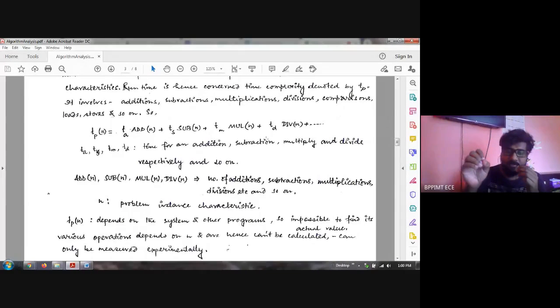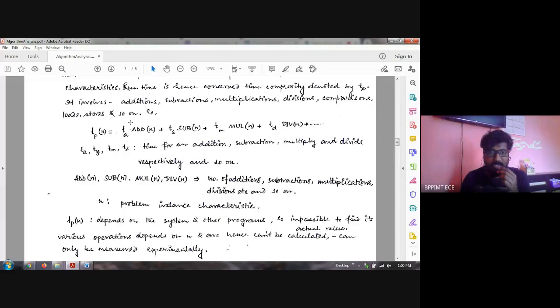If there is any division operation in the algorithm, it will be taken into consideration in the calculation of the total runtime. If there is no division, then Td will be equal to 0. If there is no multiplication, Tm will be equal to 0. Ta, Ts, Tm, Td are the time for a single addition, subtraction, multiplication, and division respectively, and so on.